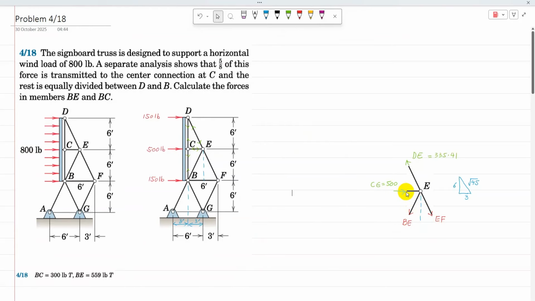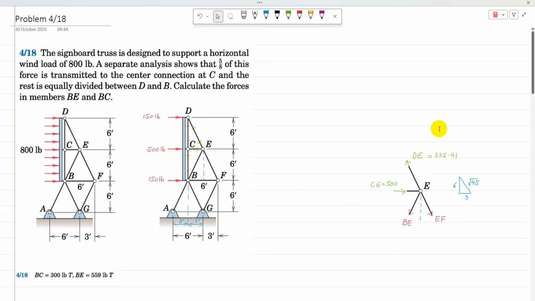CE, we just calculated, is in compression 500, and DE, previously calculated, is 335.41 in tension. Both of these triangles, for BE and EF, are right triangles with similar sides. The vertical side is 6, the horizontal side is 3, and the diagonal is root 45.